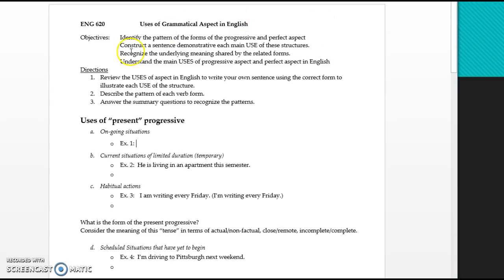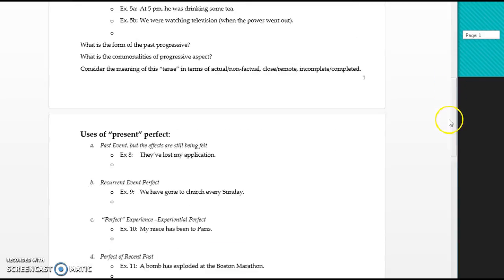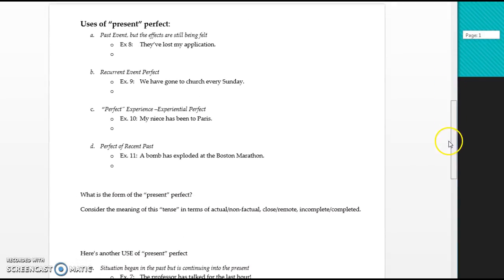Now, remember the directions. I want you to write your own sentence using the correct form of the tense aspect we are talking about, and make sure that the meaning expresses the use under that. Okay, so next is the uses of present perfect.